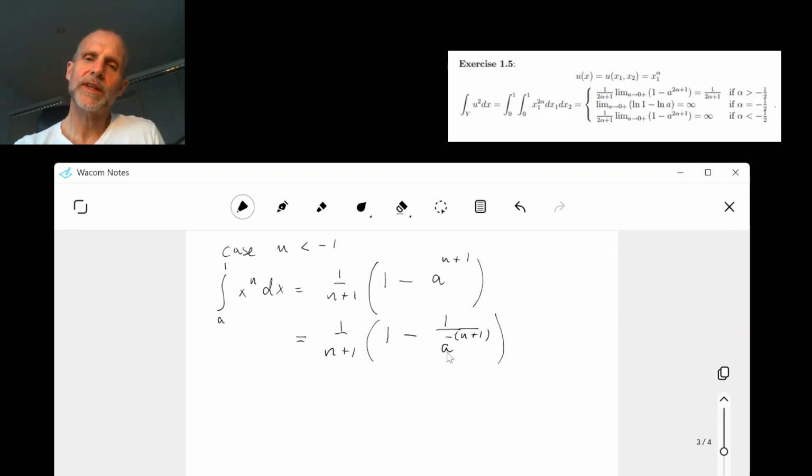So when a goes to 0, this value is approaching 0. So now you see that this value goes to infinity. This goes to minus infinity, and we know that n plus 1 is a negative number. So this negative number multiplied with something which is going to minus infinity turns out to go to infinity.